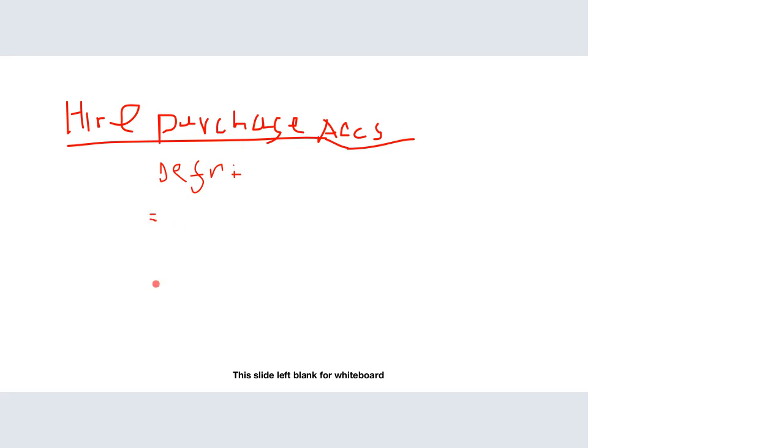the normal cash price. The selling price will include the normal cash price plus the hire purchase interest. The cash price plus hire purchase interest.